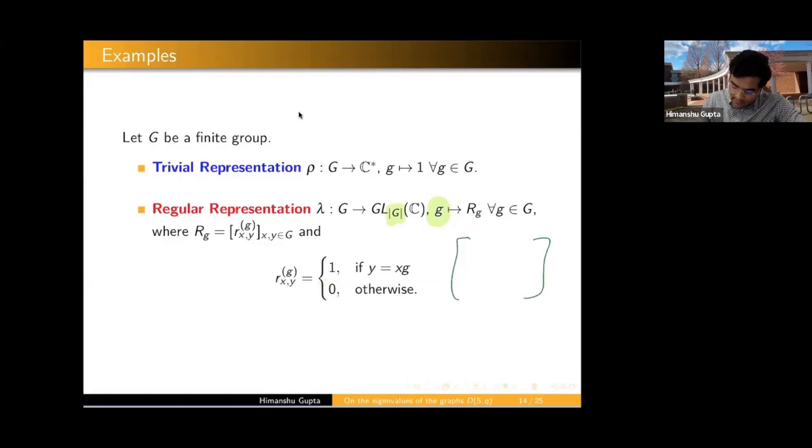So if I draw it, with x here and y here, there is going to be a 1 at this entry if y is equal to xg, otherwise 0 everywhere. Again, one can check that the regular representation is a group homomorphism, and that implies that it's a representation.